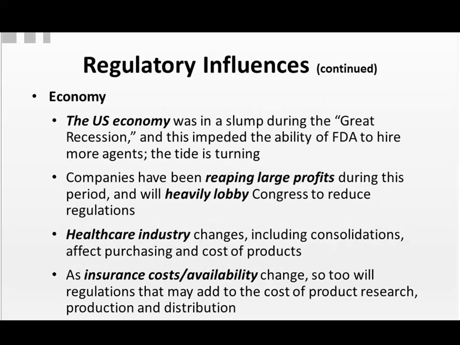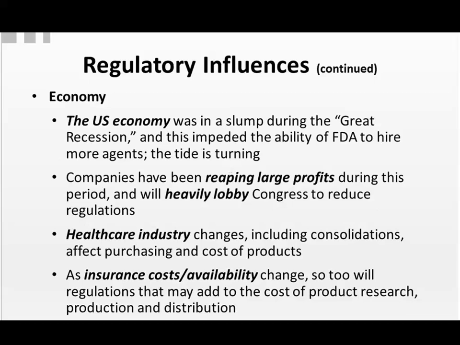The U.S. economy as well is going to have an effect, because how many auditors are you going to be able to hire? How many agents? Companies have larger profits. They can do more lobbying of Congress to reduce regulations. There are many healthcare industry changes, consolidations, mergers, affecting the purchase and the cost of products that are out there in the marketplace.